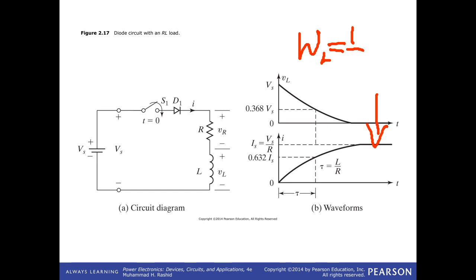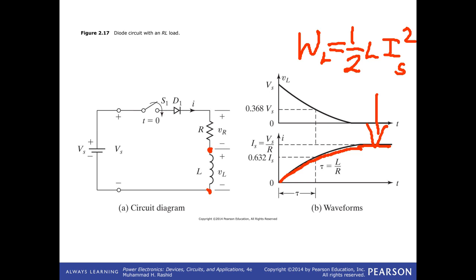The stored energy is 1/2 L I squared. The energy here is this. So while the current is rising, you are actually storing energy in it, and at the end you reach the steady state. We have already derived those equations, and we have seen that the voltage across the inductance, if there is no current, is equal to the supply voltage, of course.